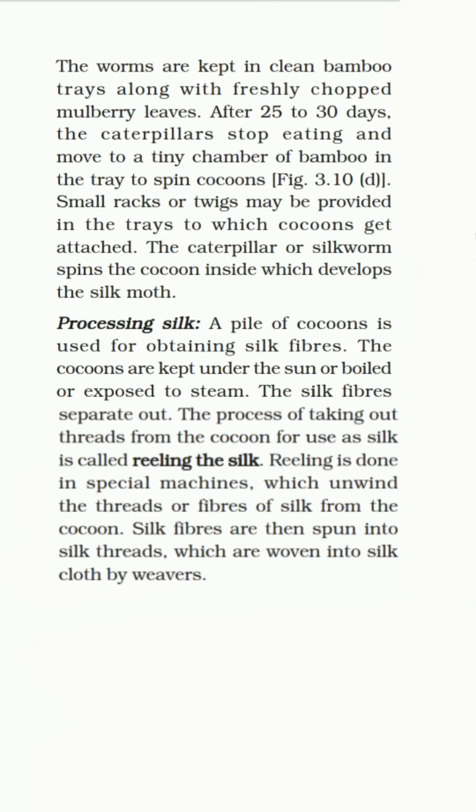The process of taking out threads from cocoons for use of silk is called reeling the silk. Reeling is done in special machines which unwind the threads or fibers of silk from the cocoon. Silk fibers are then spun into silk threads which are woven into silk clothes by the weavers.